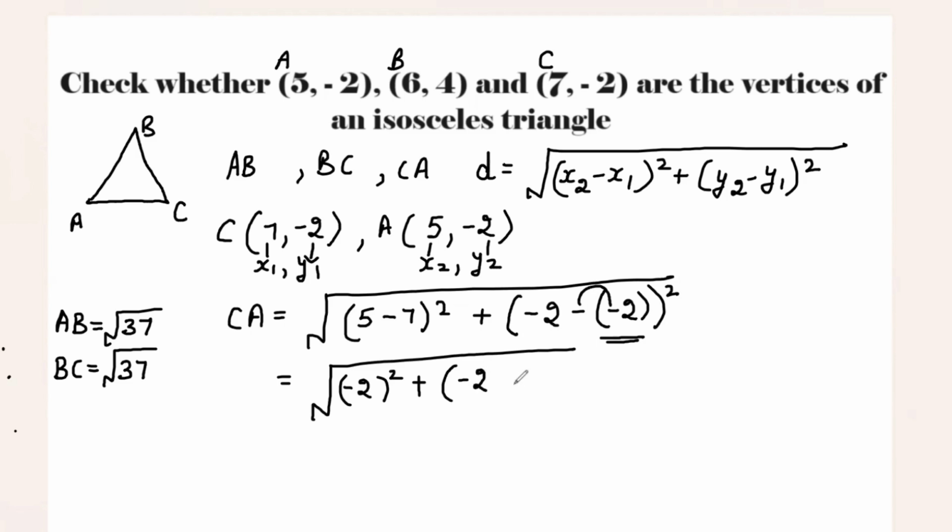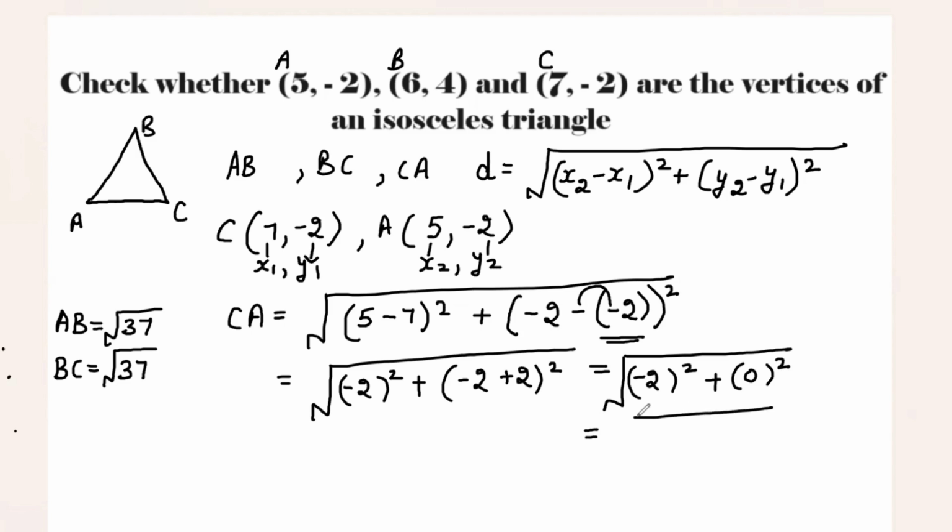So minus 2 plus 2 whole square, which equals minus 2 square, minus 2 plus 2 means 0 square, which equals root of 4 plus 0, which equals root 4, which equals 2. So CA equals 2.